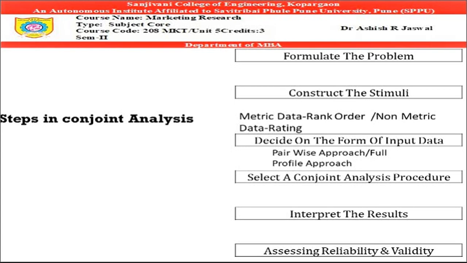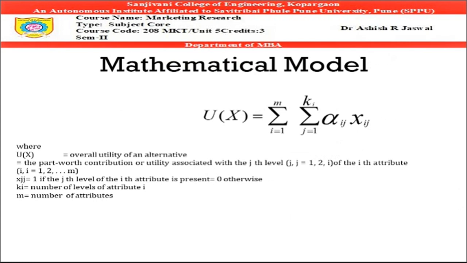Statistically, it is not very important, but we should be aware that conjoint analysis is presented as U(X) equals the summation over i from 1 to m, and summation over j from 1 to k_i, of alpha_ij x_ij. Here U(X) is the overall utility of an alternative, alpha_ij is the part-worth contribution or utility associated with the jth level of the ith attribute, and x_ij is 1 if the jth level of the ith attribute is present, otherwise 0. k_i is the number of levels of attribute i, and m is the number of attributes.